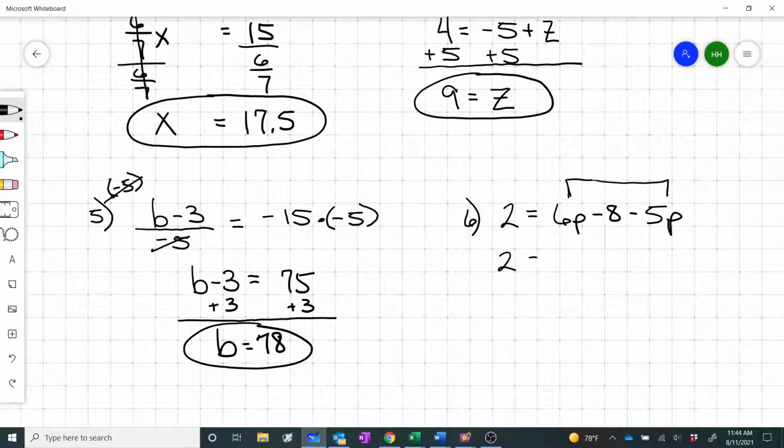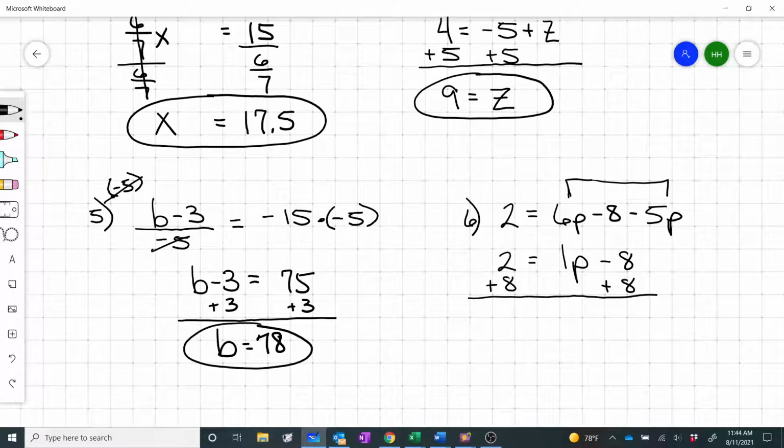So this 2 is equal to 6p's minus 5p's. That's just 1p. You can or can't write that p. It's up to you. Minus 8. So now we add 8 to each side. And the 2 plus 8, well, that's a 10. And it's equal to 1p or just p.